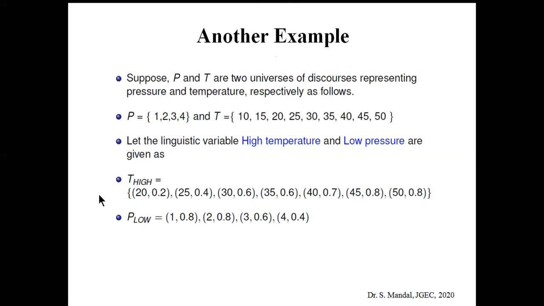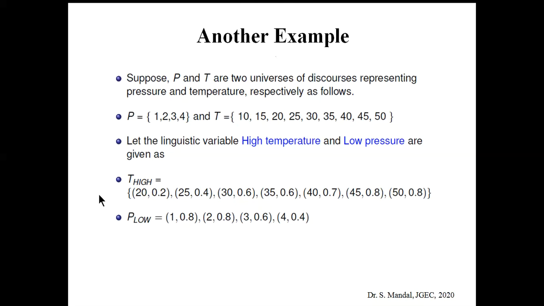Suppose P and T are two universes of discourse representing pressure and temperature respectively, given by the elements 1, 2, 3, 4 for pressure, and 10, 15, 20, 25, 30, 35, 40, 45, 50 for temperature. Let the linguistic variables be high temperature and low pressure.